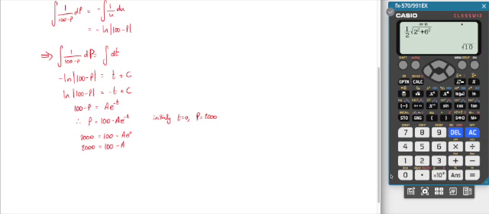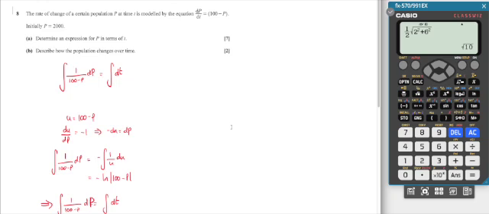So A is minus 1900. So therefore, our final solution then, p is 100 minus minus 1900 e to the minus t, which is 100 plus 1900 e to the minus t. So that is p in terms of t.